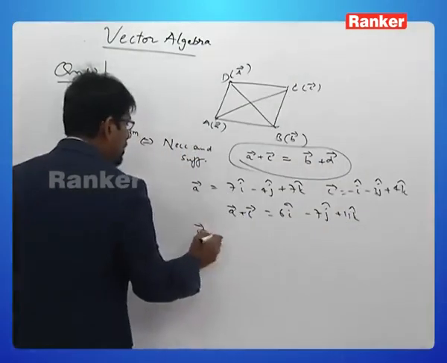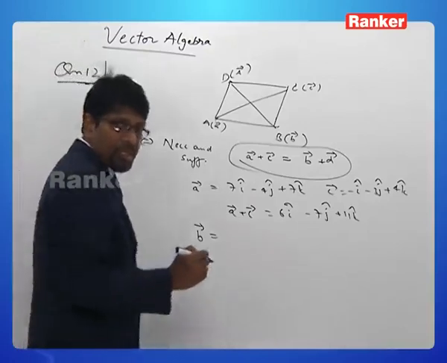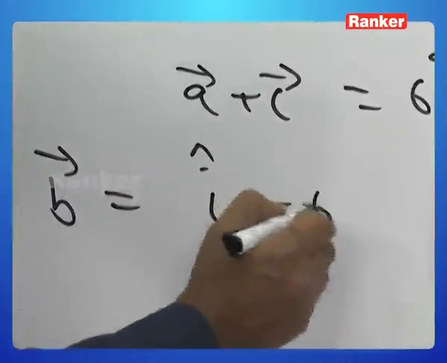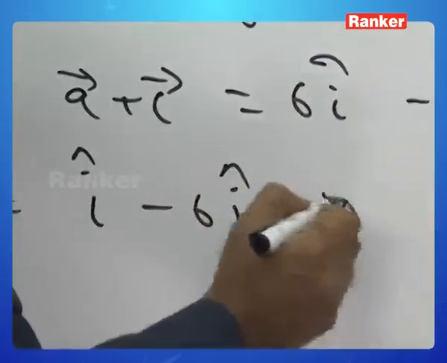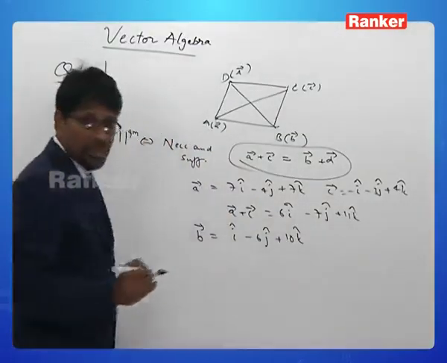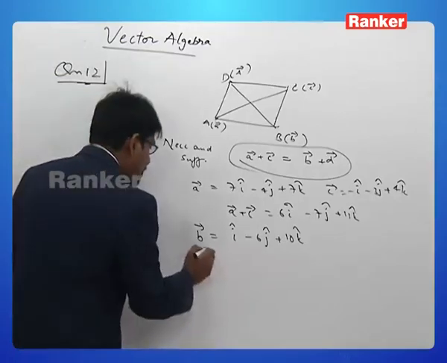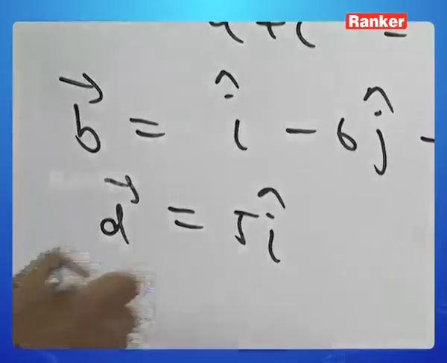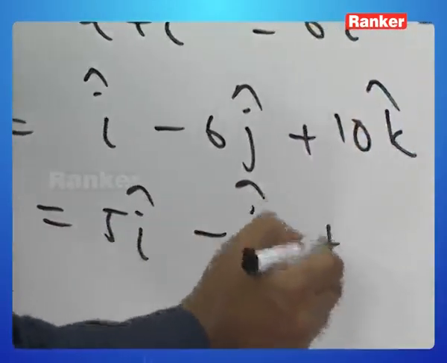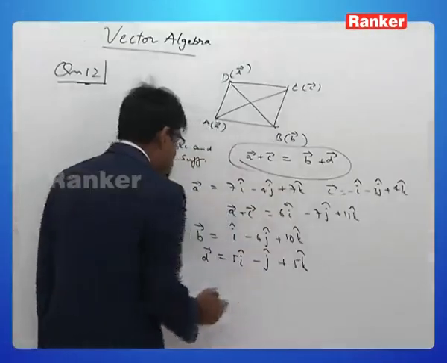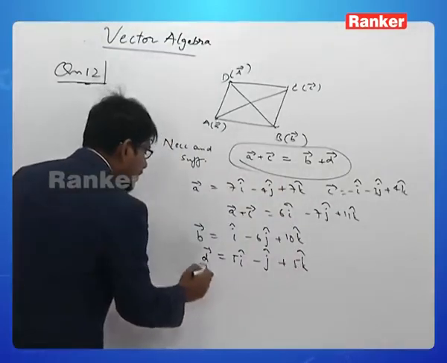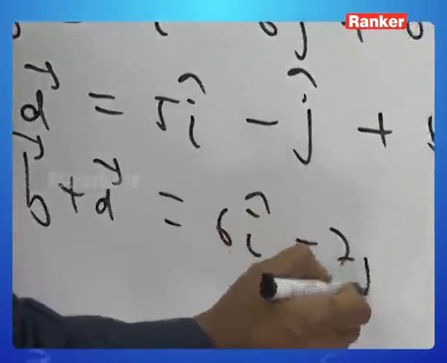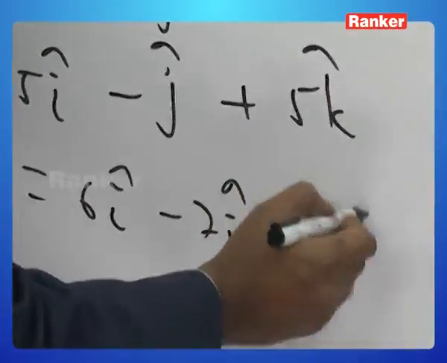What about b bar? B bar is i minus 6j plus 10k, and d bar is 5i minus j plus 5k. Observe that b bar plus d bar is 6i minus 7j plus 15k.